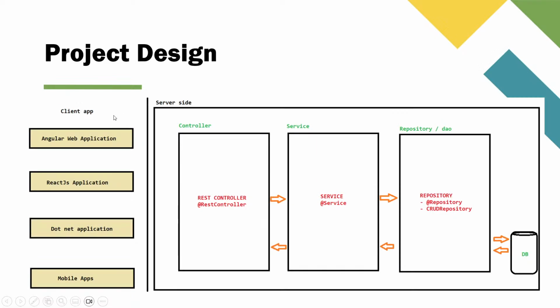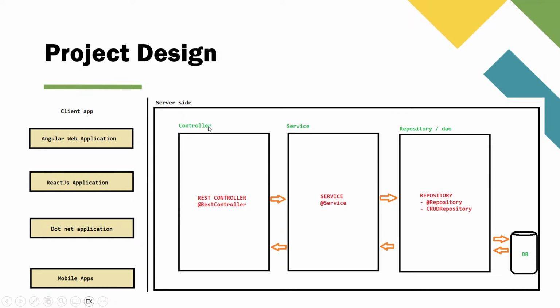Then we'll see about the project design. As we discussed earlier, Angular comes as a client side application, so now we are mostly focusing on the server side. We have three components: controller, service, and repository or DAO layer.